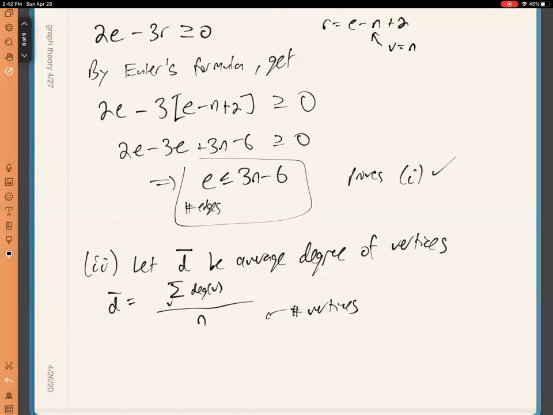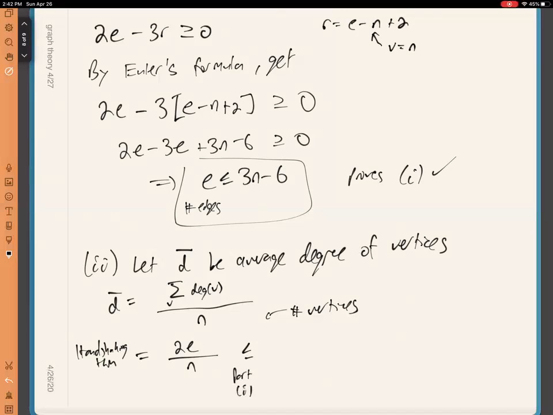Remember, by the handshaking theorem from the first lecture, if I sum up the degree of all the vertices, that's twice the number of edges. So the average degree is 2e over n. And now let me use the inequality from part 1 here.